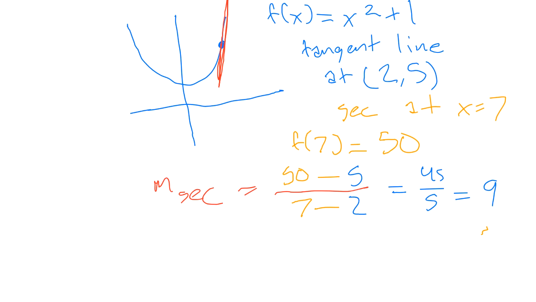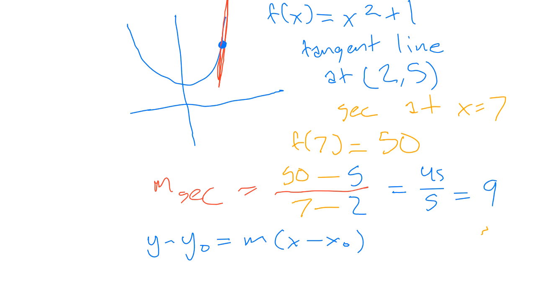So what we can go ahead and do is use our point slope form, knowing that we have our original spot right here. So we know that our point slope form is going to be y minus y naught equals m times x minus x naught. So we can just plug in our values that we know.